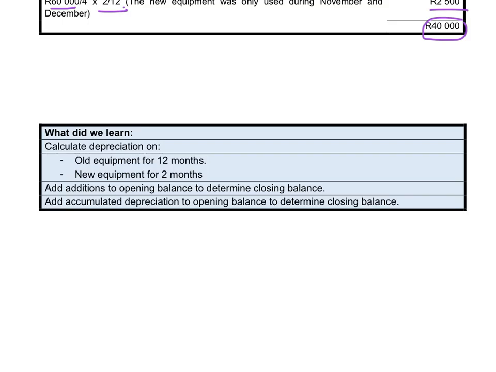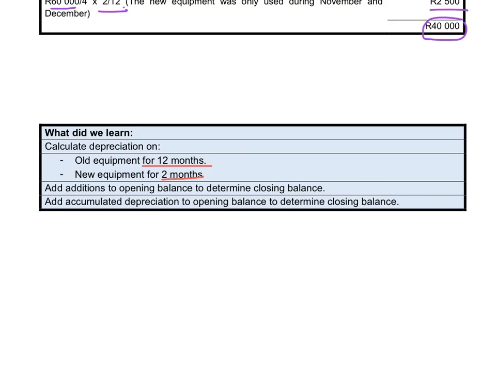What did we learn? We will calculate depreciation on old equipment that was purchased in previous years for the full 12 months because we use it for the whole year. On new equipment purchased during the year, we will only work out depreciation for the number of months that we use the equipment in the current year, in this case 2 months.